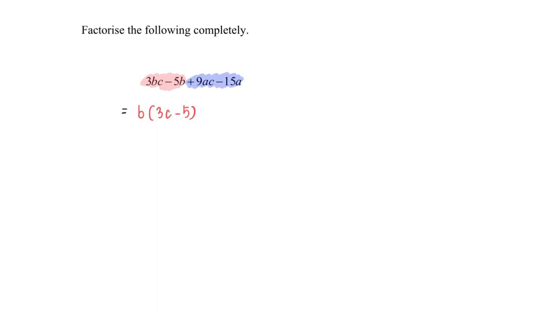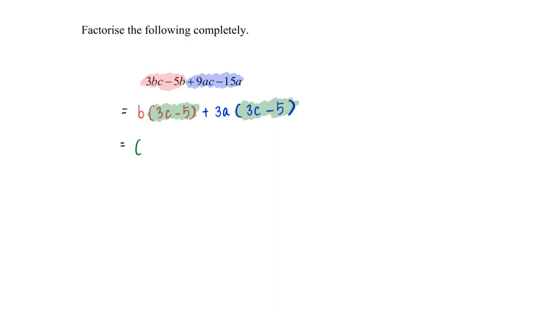As for this group, positive 3a is a common factor, and I'm left with 3c minus 5 as well. And once you do that, you will see that the bracket is exactly the same, meaning this bracket is a common factor as well.